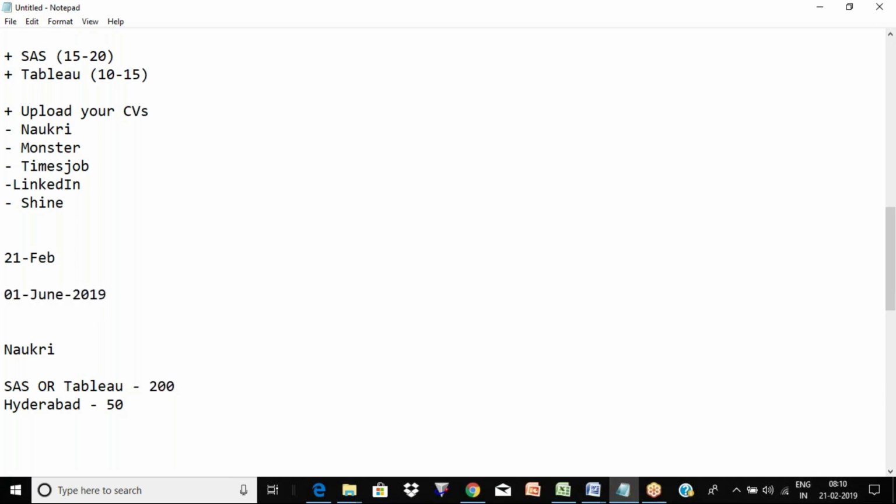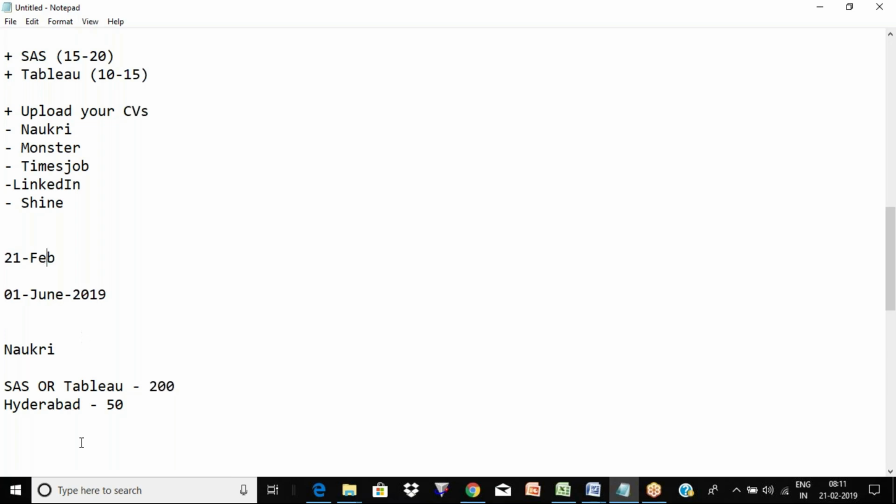On June 1st, they got some requirement and went to Naukri, applied all these filters, but they see that your profile was last logged in and updated on 21 Feb. Will they be interested, first of all? The chances are very low in this case, because you last updated in Feb and we are in June now. I am not sure if that candidate is still looking for a change or not.